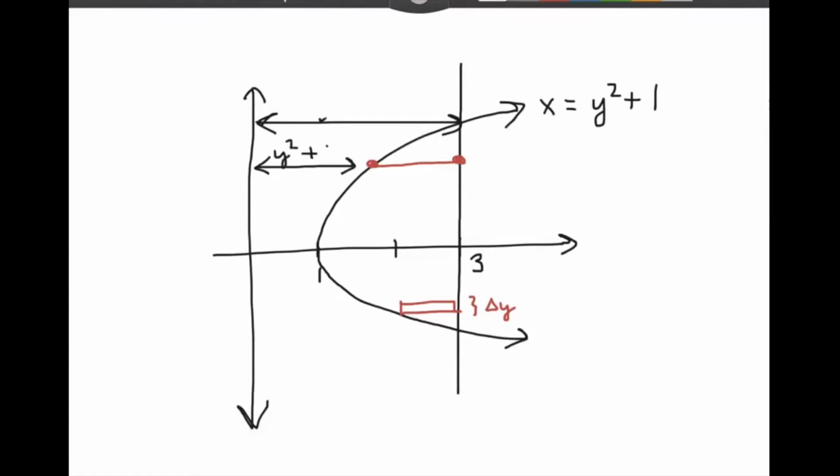That is the distance from the y-axis to the parabola. This longer distance from the y-axis to the line x equals 3, that distance is 3. Okay. So the red line segment, its length is r of y, and that would simply be the difference between 3 and y squared plus 1, which comes out to 2 minus y squared.